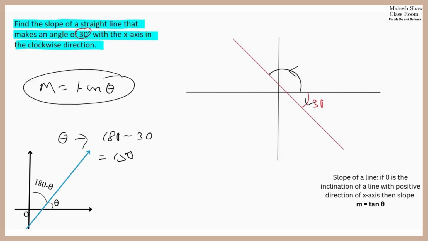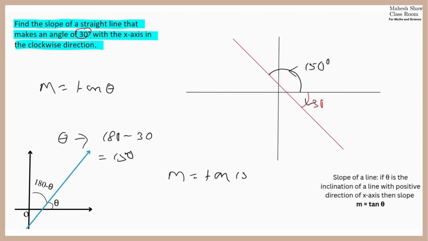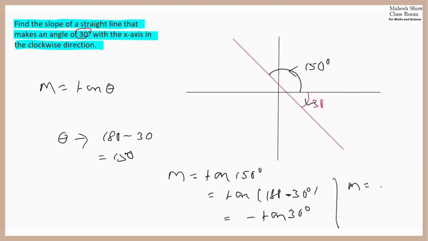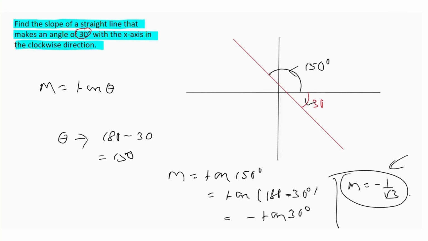So the slope m should be tan 150 degree. I can write tan 150 as tan of 180 minus 30, so that is minus tan 30 degree, as it is in the second quadrant. And tan 30 is 1 over root 3, so it should be minus 1 over root 3. So we will say that the slope here is minus 1 over root 3.